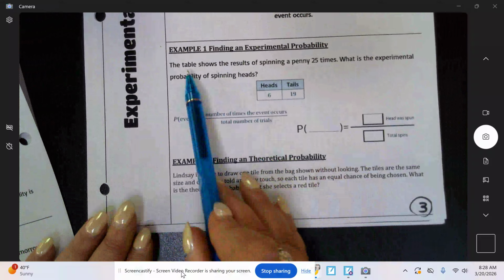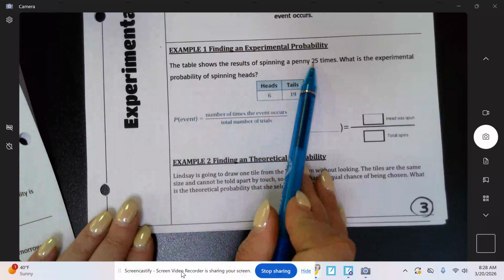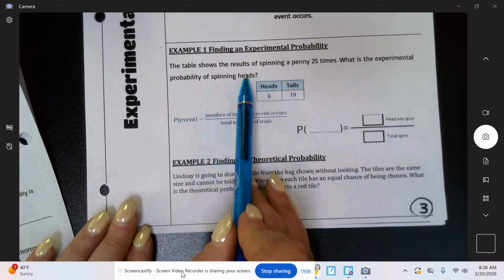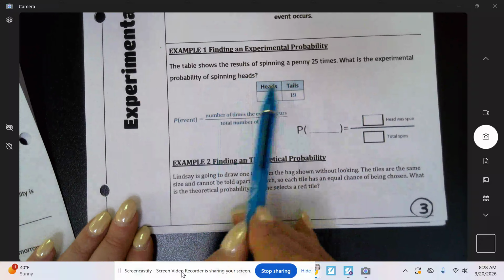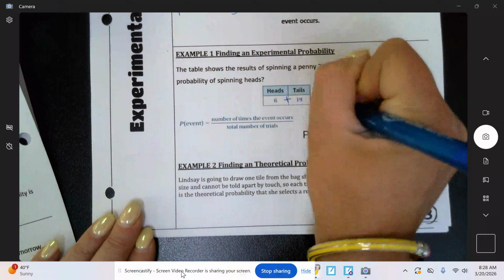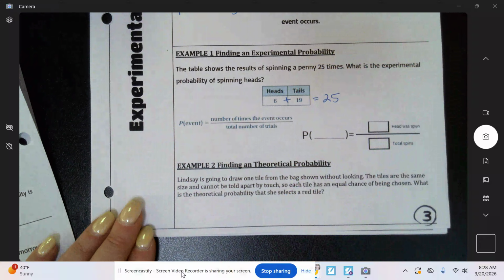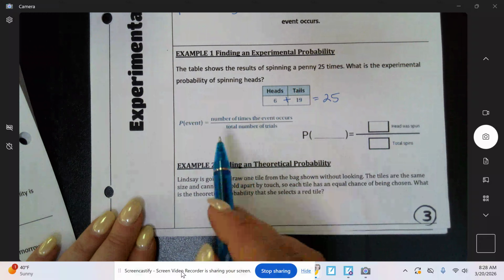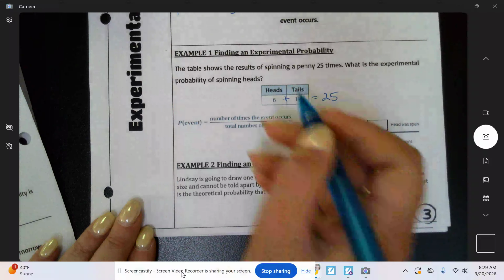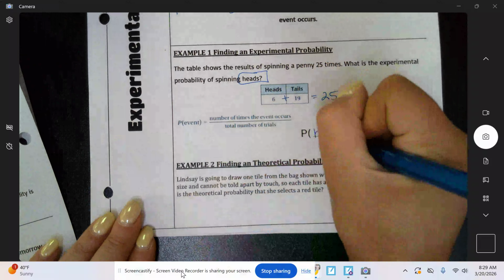Okay, it says a table shows the results of spinning a penny 25 times. What is the experimental probability of spinning heads? How many total times did they do this? 25, right? If I add this together, I get a total of 25. So we're looking for the probability of spinning heads.